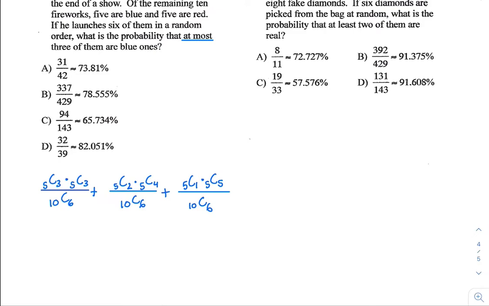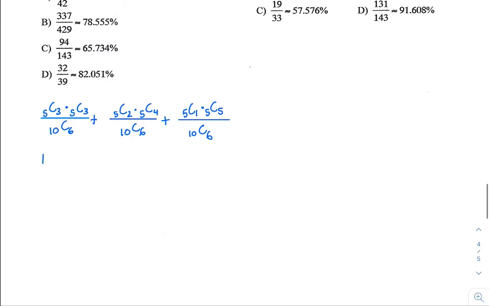Then you guys just have to calculate all of this. So 5 choose 3, 5 choose 3. So this one's going to be 10 times 10 all over 10 choose 6, you guys, is 210.